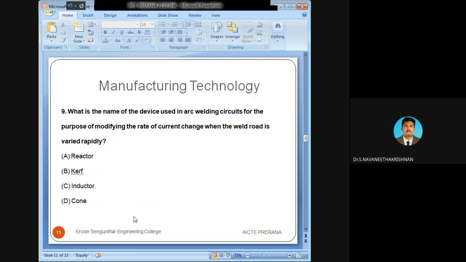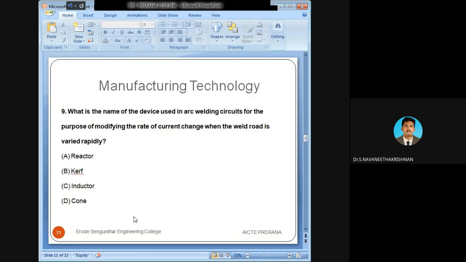That means the welding rod is varying rapidly. So the rate of current change will be varying, and you have to use it for various types of machines. So which one of the welding devices is used for making varying current? That is the question.